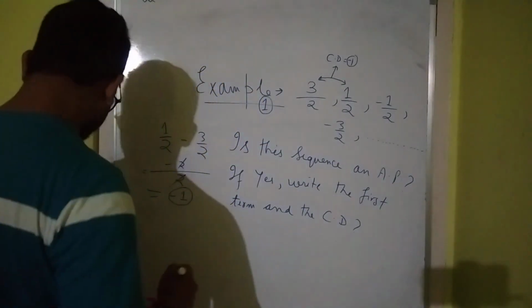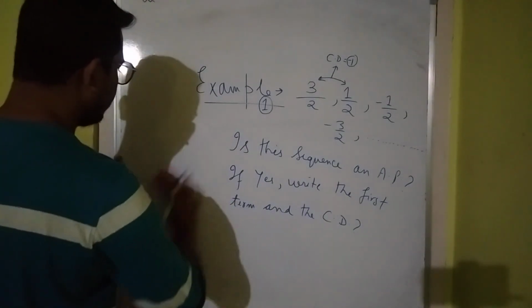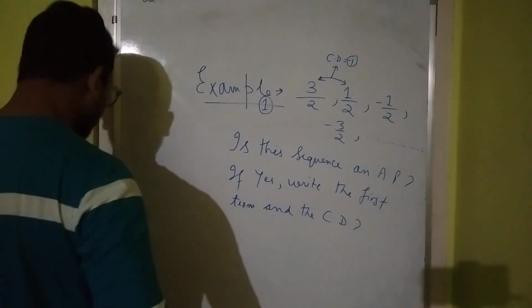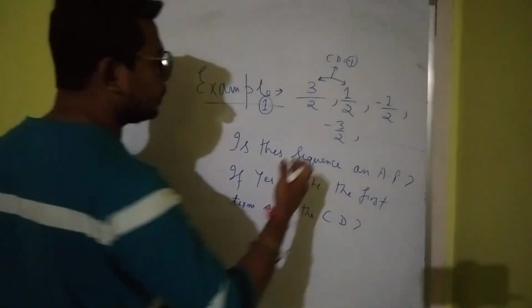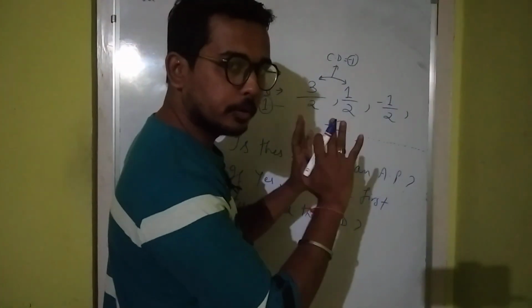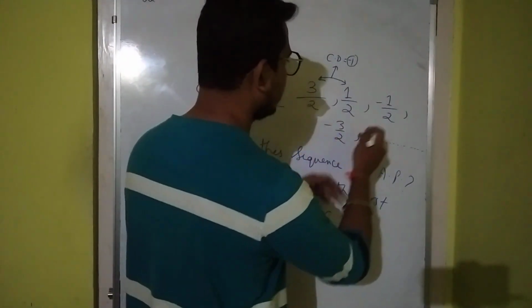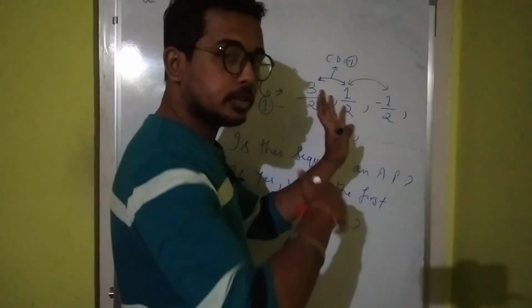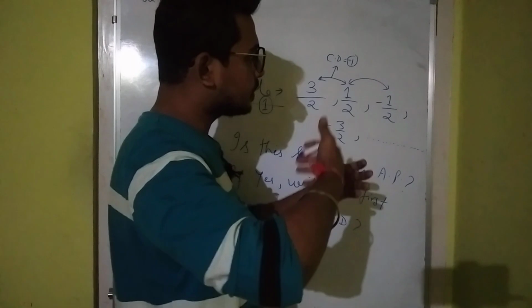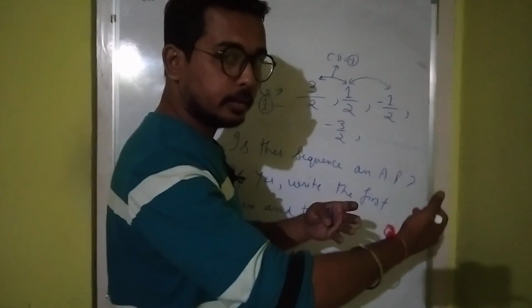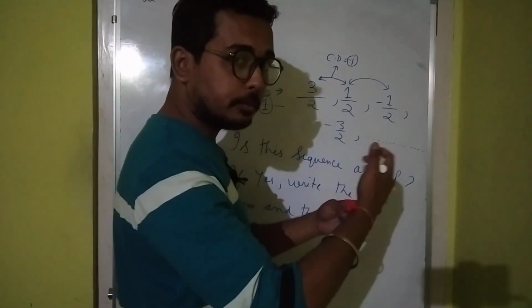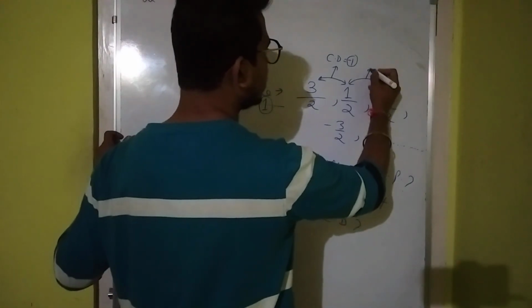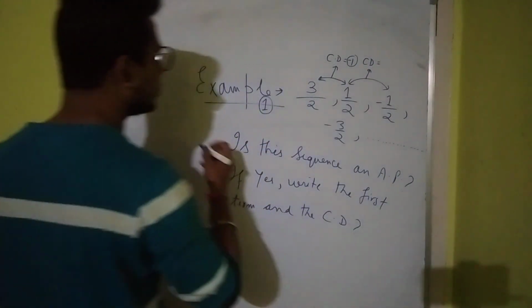अब देखो फर्स्ट और सेकंड का तो हो गया, कॉमन डिफरेंस -1 है. Next, the second and the third consecutive numbers का common difference कितना होगा? Let's find it out.